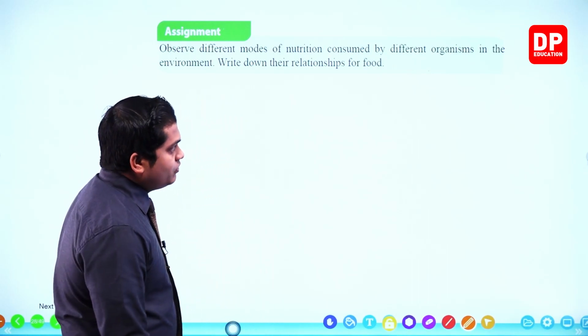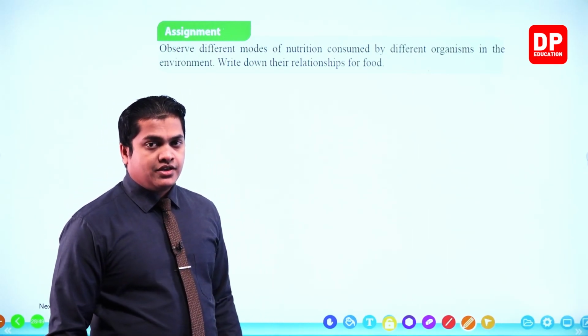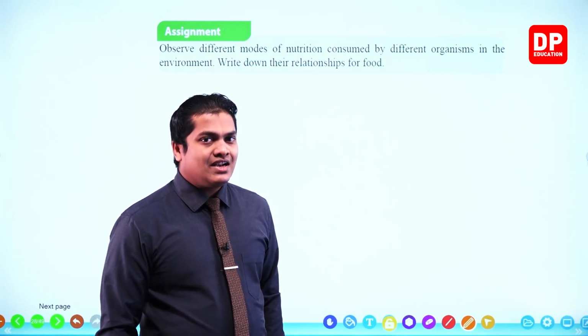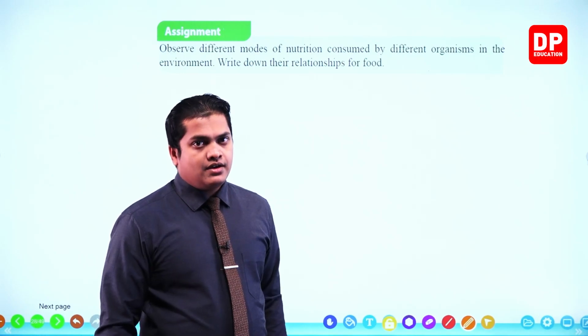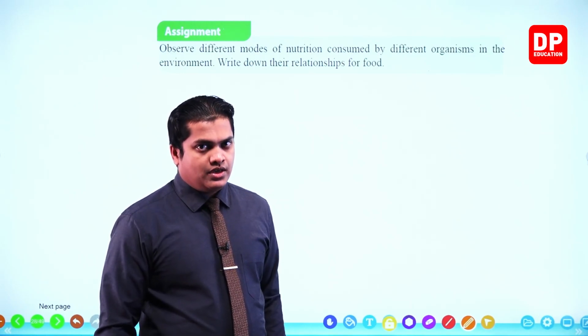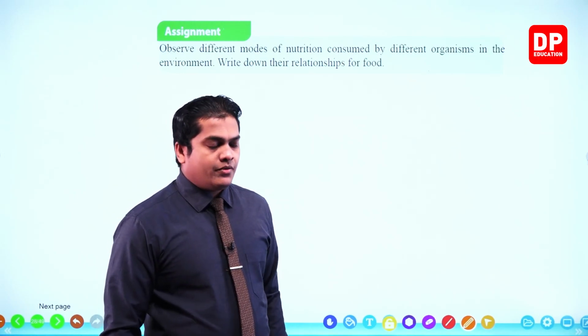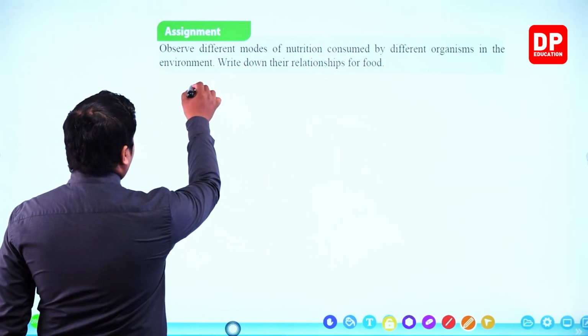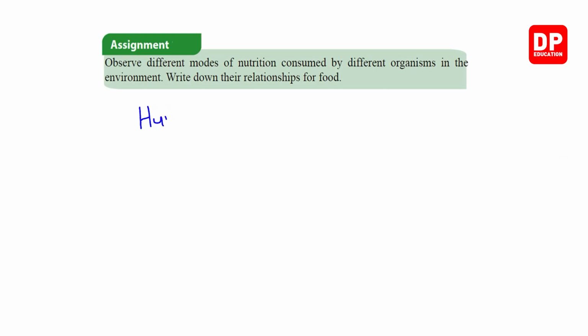So I'll give you 3 examples, my dear children, right? 3 types of organisms with 3 different modes of nutrition and their food types. Okay, relationship for food. Right, then we can start with a normal human being. So human, right? Human being.